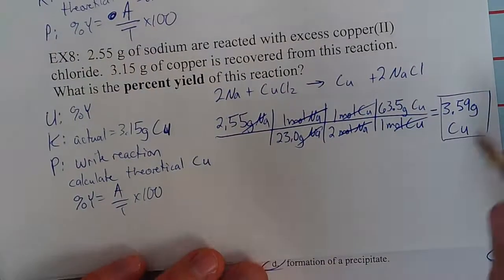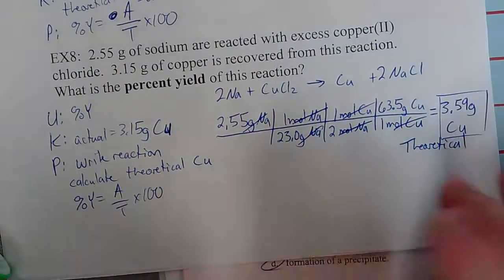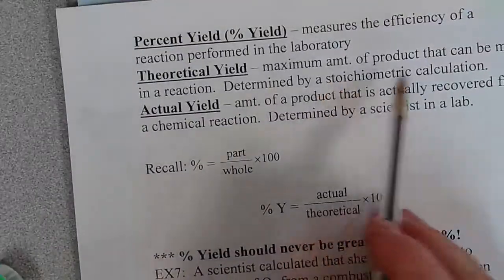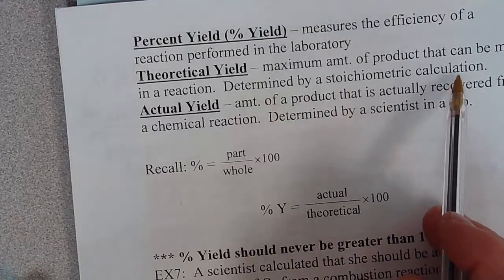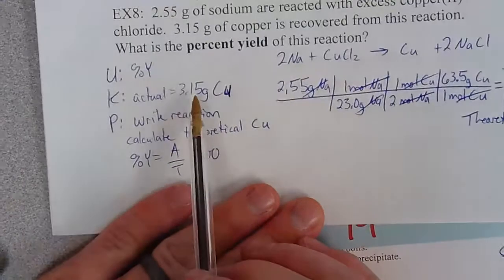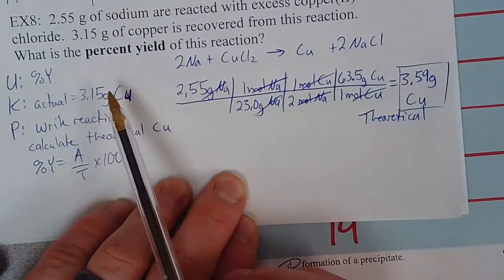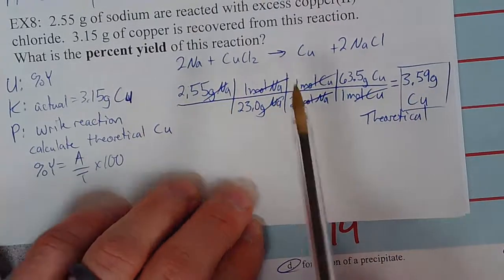So that's our theoretical, because that's the amount that we determined by a stoichiometric calculation we should be able to make. We actually made 3.15. That's a pretty good sign as well, that this amount is slightly less than this amount.